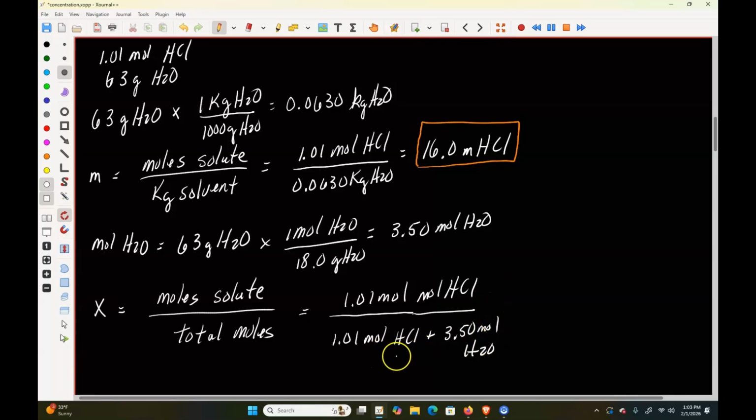If I add both of these together, I get 4.51 moles total. So it would be 1.01 divided by 4.51, which gives me 0.224. This is the mole fraction. Mole fraction does not have any units.